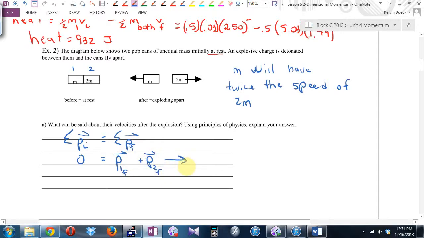I could just rewrite this as momentum 1 final is the opposite, negative momentum 2 final, if I move the momentum 2 over to the other side. Yes? Talk to me, Jake. What's your next argument? We're doing an algebraic proof, and I think you were going to give me the same proof in English, but I'm trying to walk you through the algebra. What might you do now?